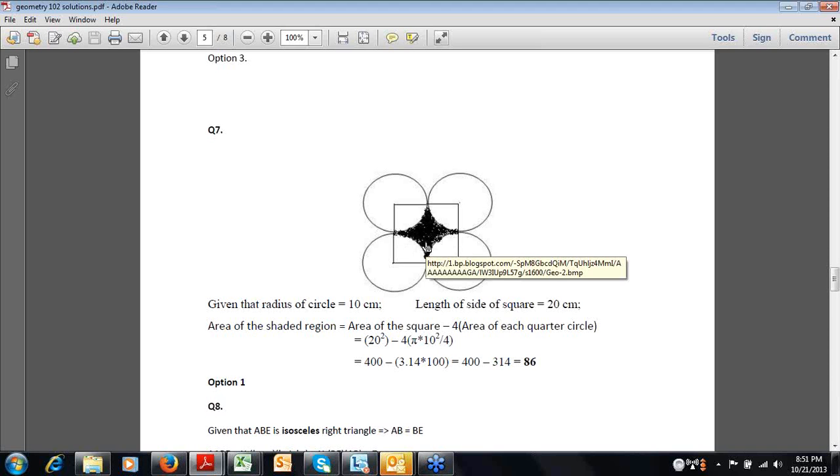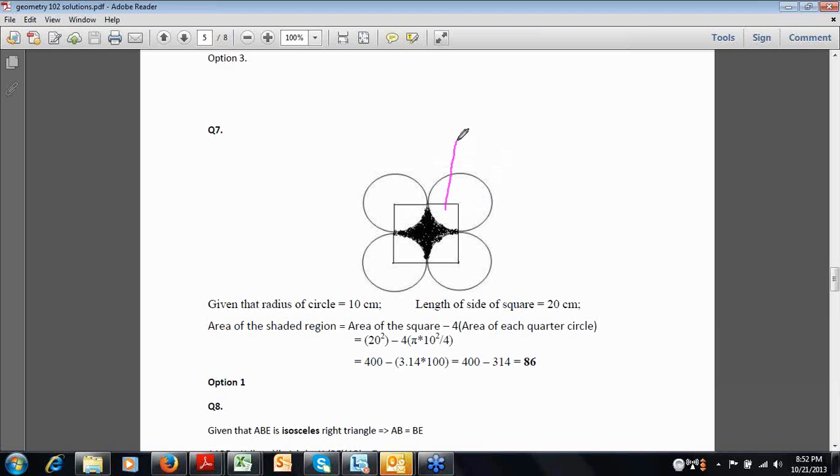It's very easy. The best way to interpret this question is that a square is there, in which circles of radius 10 centimeters are drawn, and we need the rest of the area.